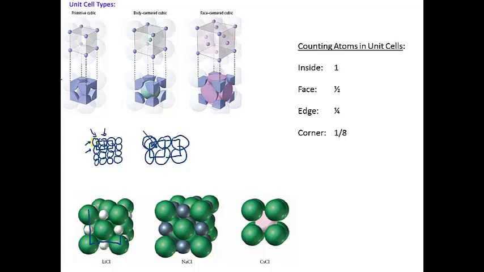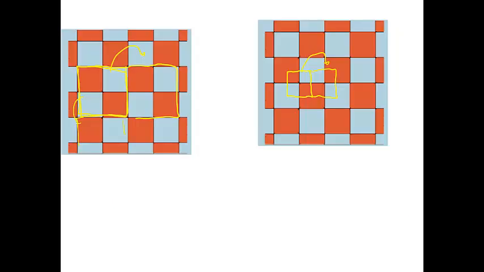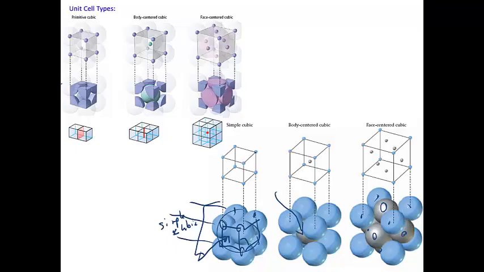So if we did this, our unit cell would be here. And so this part of the atom out here is not inside that unit cell, but this part is. And so how much of that atom is inside the unit cell depends on the position of that atom. And the idea is that if you have an atom that's on the face of a unit cell, it's shared half in one side and half on the other side.